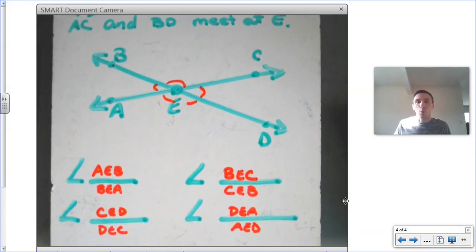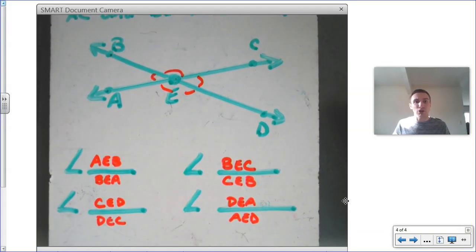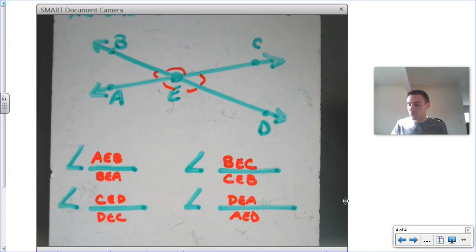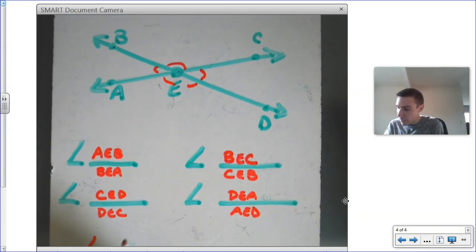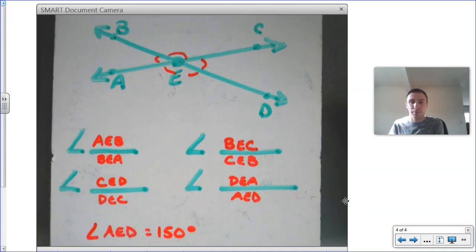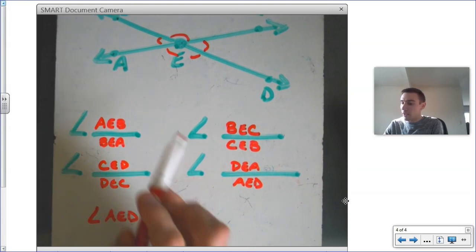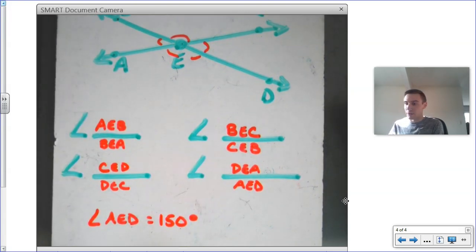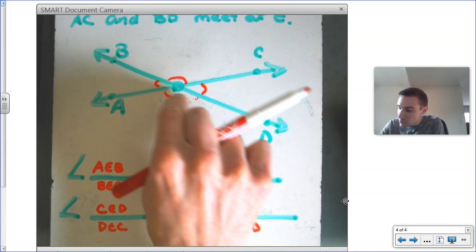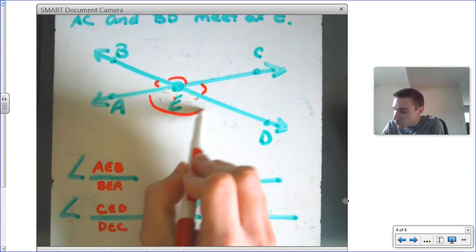Now, what if we learn some information about these angle measures? Let's say, for example, that angle AED is equal to 150 degrees. There we go, 150 degrees. Angle AED is 150 degrees. So I'm going to draw this angle arc really big out here.